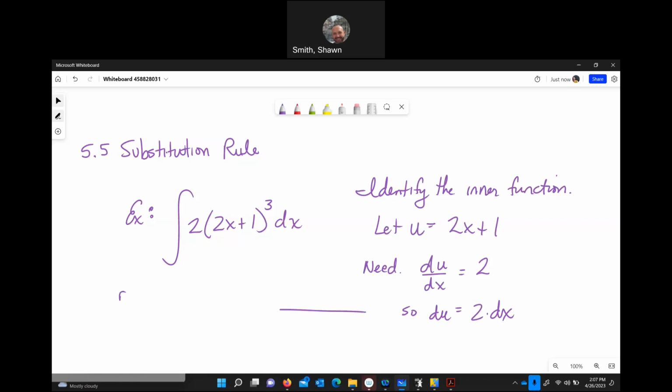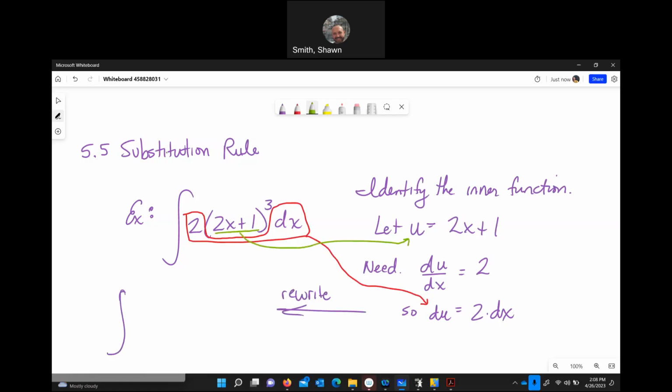So now I'm going to rewrite the integral. Look right here, this 2 dx is du, right? This right here is u. So this becomes the integral of u cubed du.